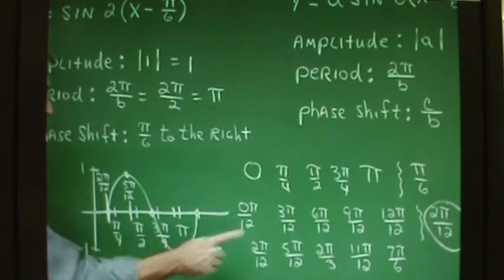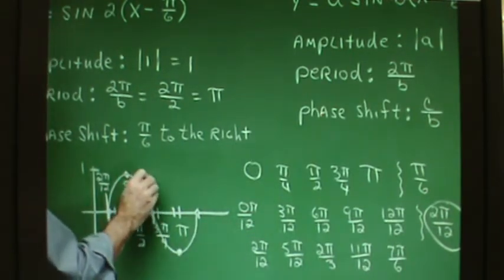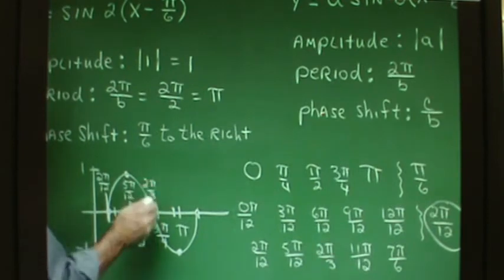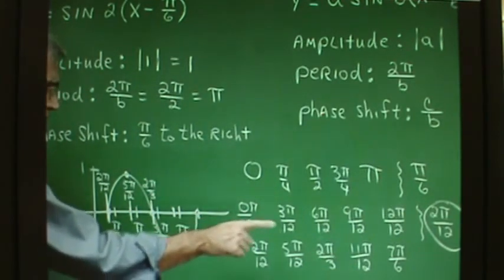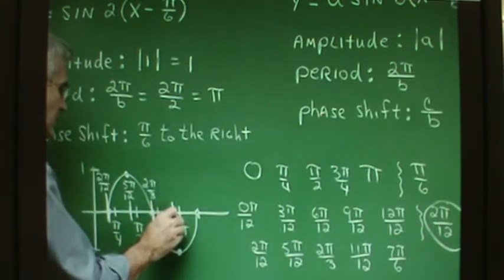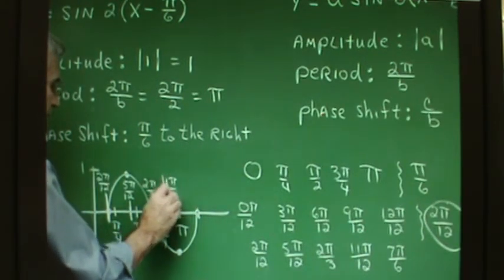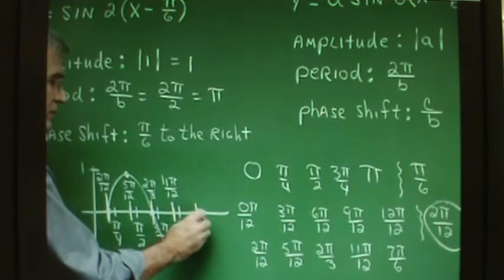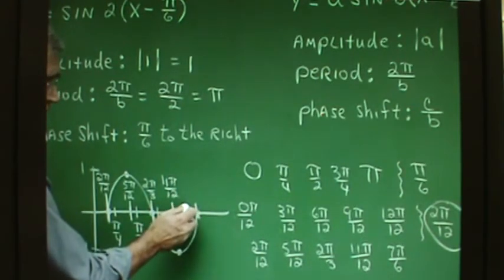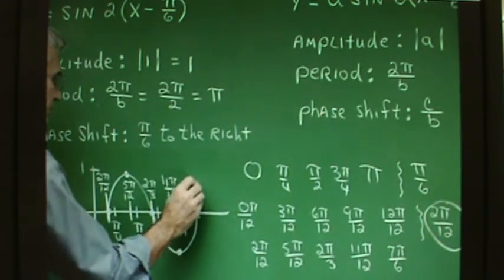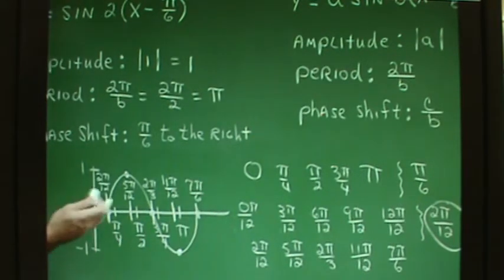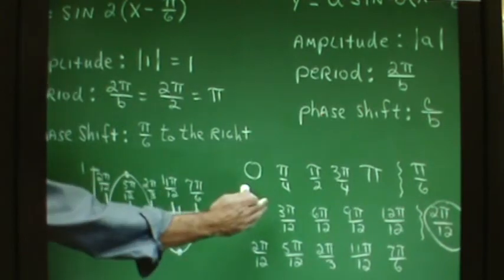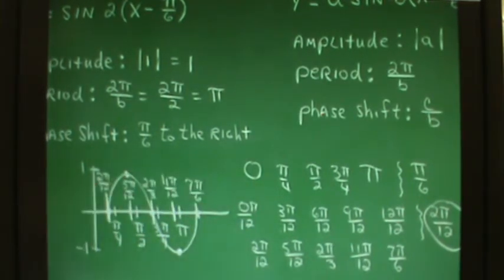And then the next point, 2 pi over 3. And it just cleans up things a little bit by doing this. Let's see, 11 pi over 12 is this one. And then that last point turns out to be 7 pi over 6. Okay, and that's the complete cycle. And obviously, if we need to, we can expand the graph to accommodate any interval that we'd like. Okay, so that's the idea.